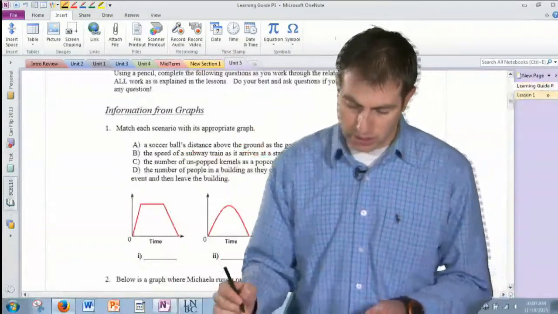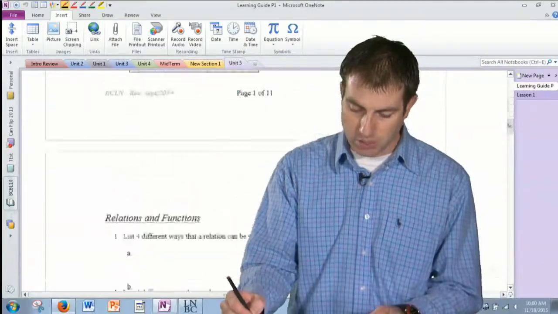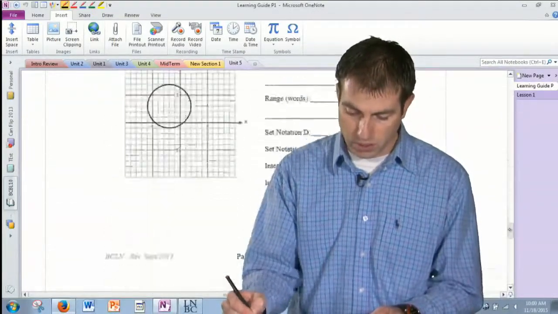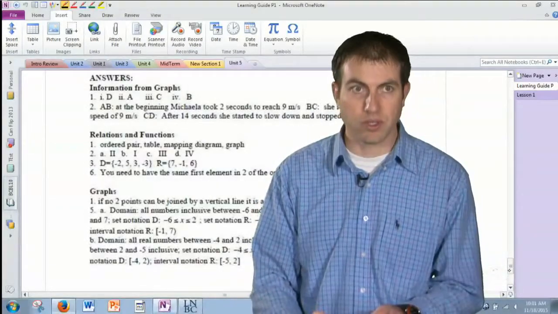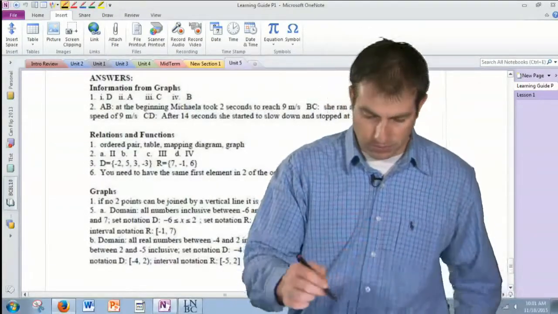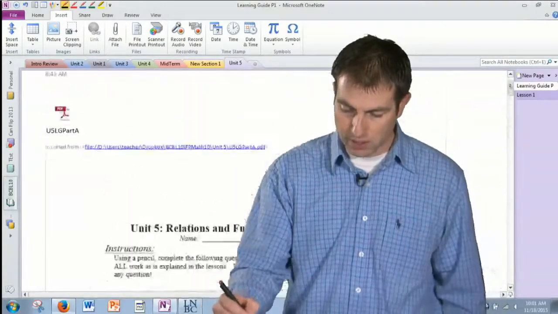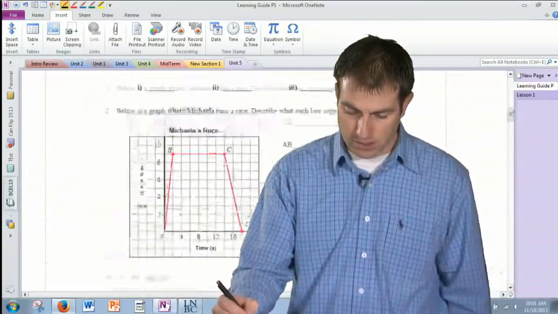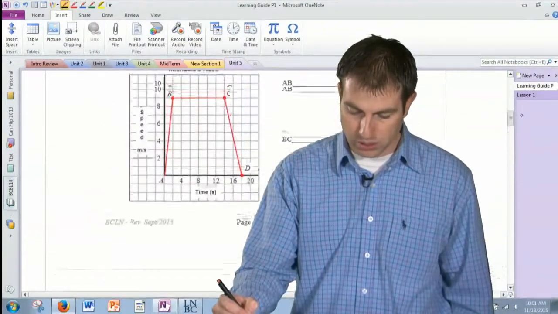Let's just take a quick look at the learning guide. As I mentioned last day, I kind of butchered the learning guide into two parts. So I just threw the solutions in here for the first couple sections. How far should we go today? This is kind of looking like stuff we did today. We didn't do relations and functions.